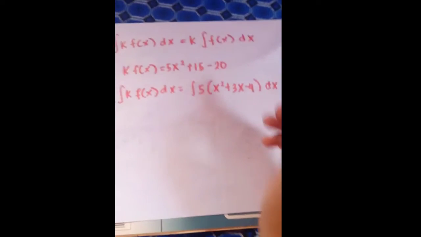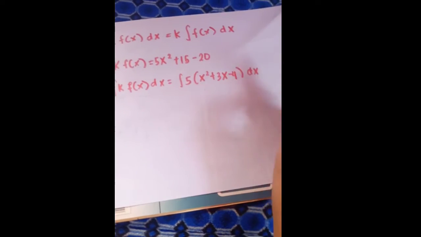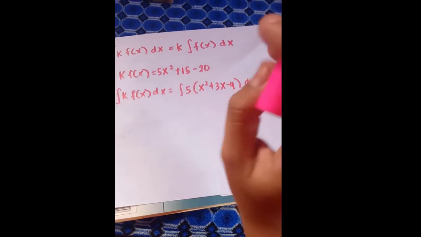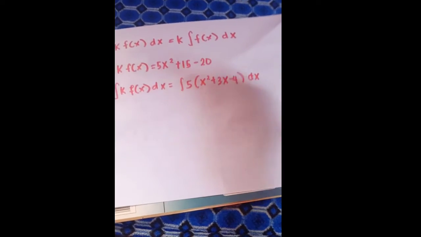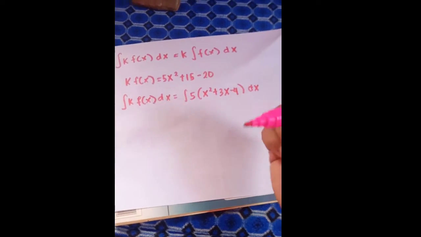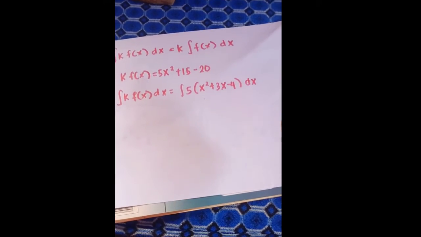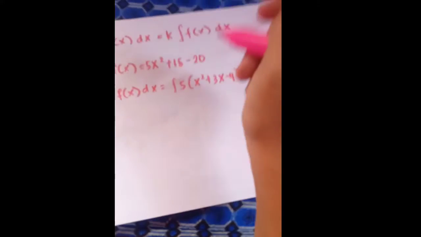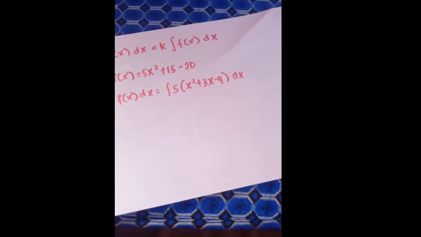So where did I get this? I get this because of the LCD or LCM, the least common multiple. The 15 here can be divided by 5, and the 20 here can be divided by 5.